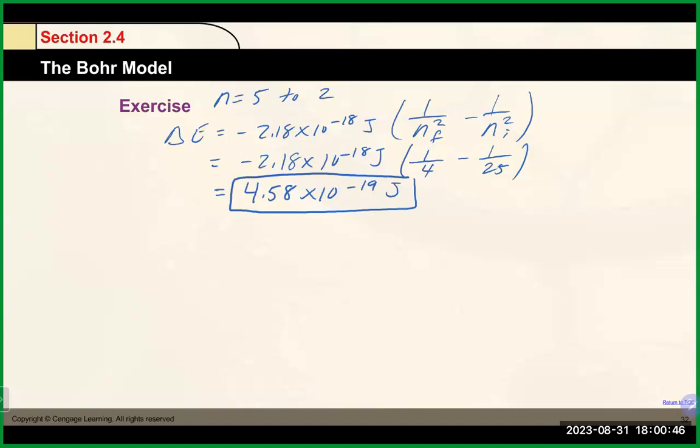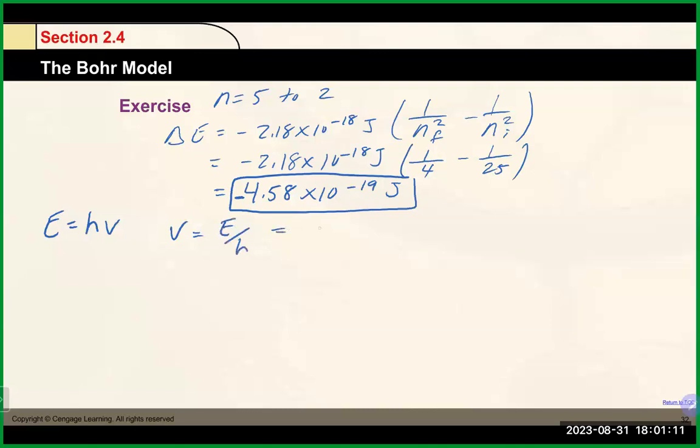At this point, we do have the energy. So we can use E is equal to h times the frequency. By the way, this would be negative, since I forgot my negative there. Here we're going to take E equals h times the frequency and solve for the frequency, which is E divided by h.